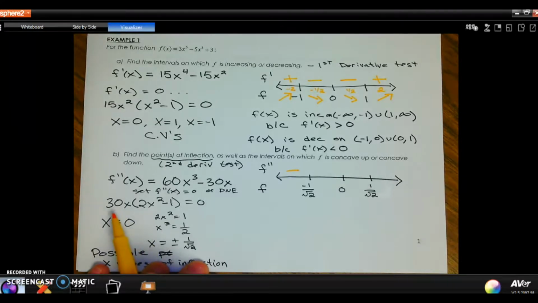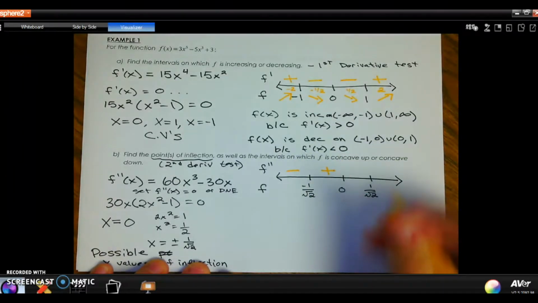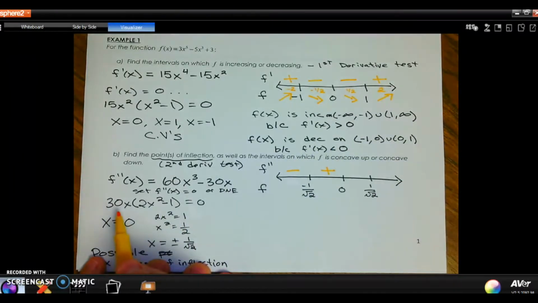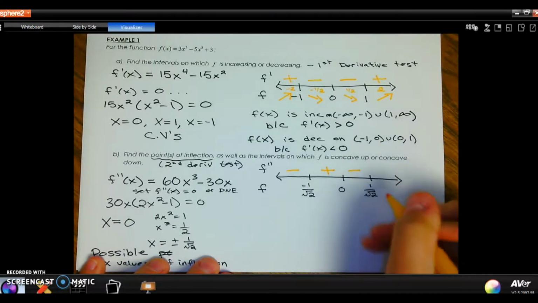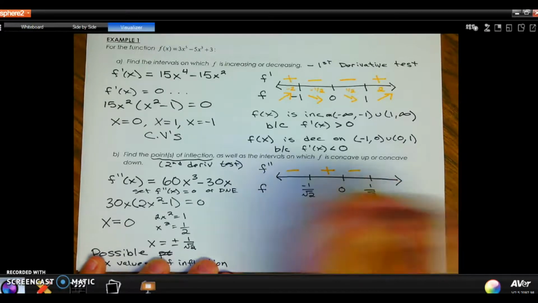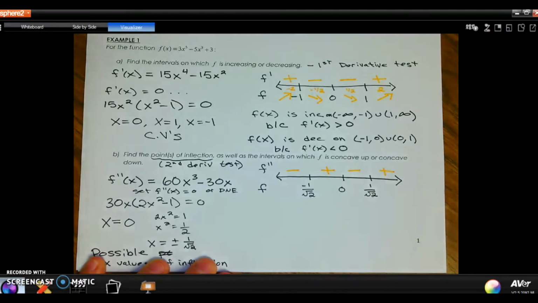So that's going to be a negative, and this is going to be a negative, because negative 0.01 squared is really little, and if you subtract 1, that's going to be negative. So you have a negative with a negative, so that's going to give you a positive there. Very similar over here, only you're going to have a positive times a negative, which would be a negative. And if you plug in a number like a 2, that'll be positive, so you get a positive out there.